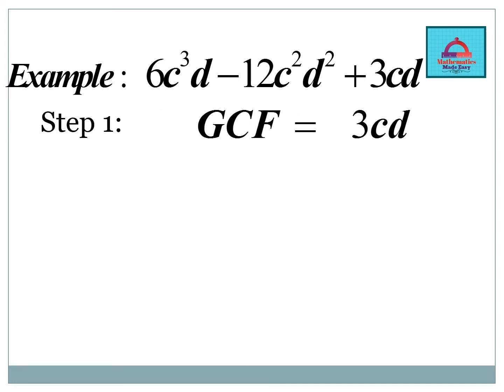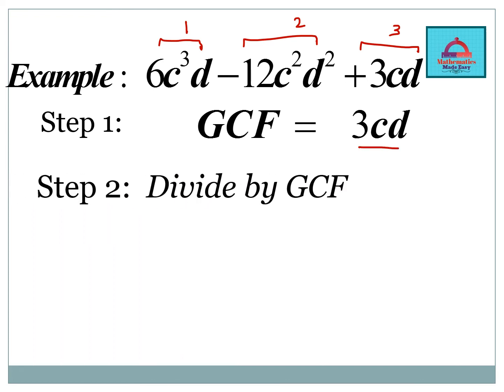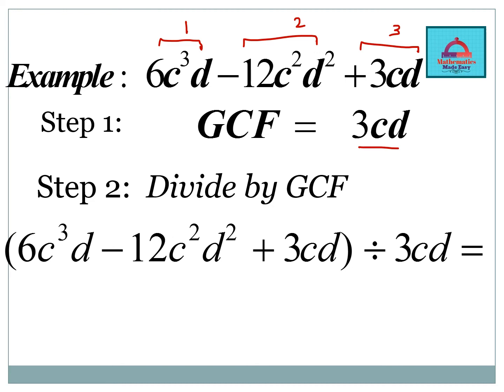So that's step 1 to get the highest common factor. From the first term, the second term and the third term, I hope you can easily make out that the GCF is going to be this term. In step 2, you divide by GCF or you take it out as a common factor.